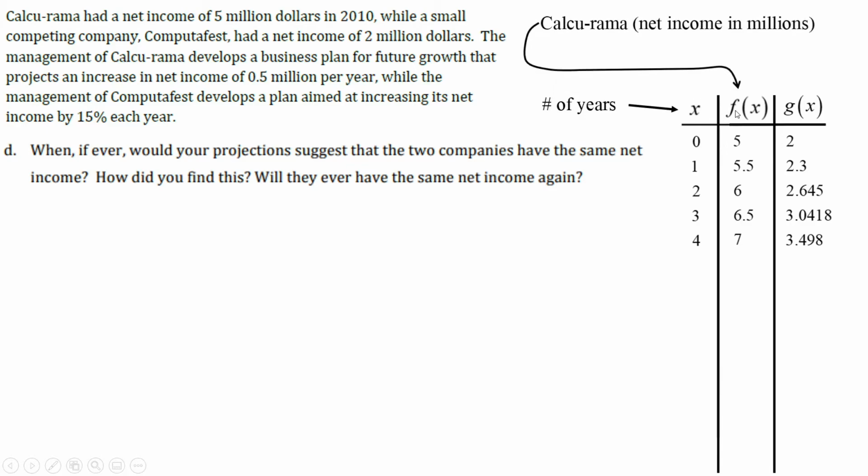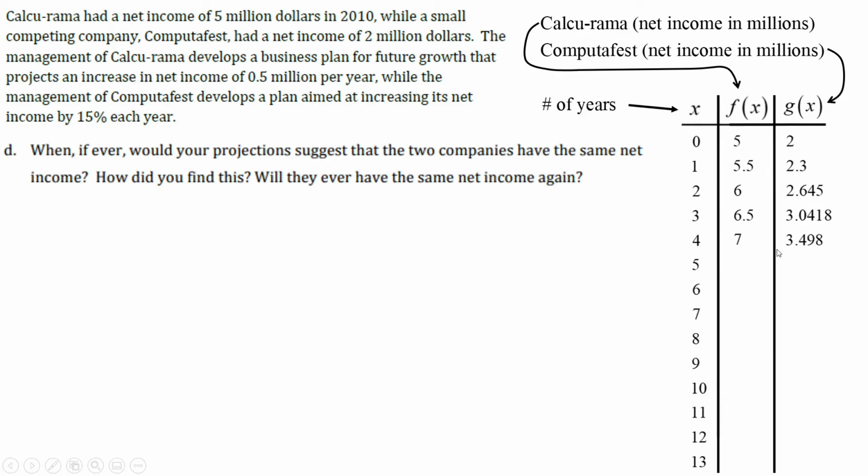F of X, Calculorama, measures net income in millions of dollars, and G of X is ComputerFest, which measures net income in millions of dollars. And the question is, will we ever eventually get to the same number at some point during a year? So let's expand our years. 5, 6, 7, 8, 9, 10, 11, 12, 13. See, this is just beyond where our graph was right there.